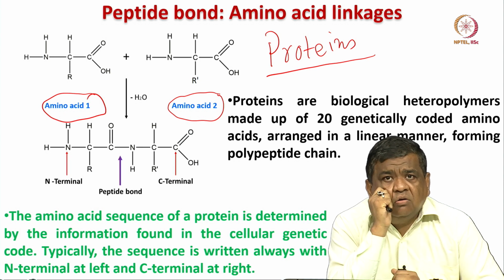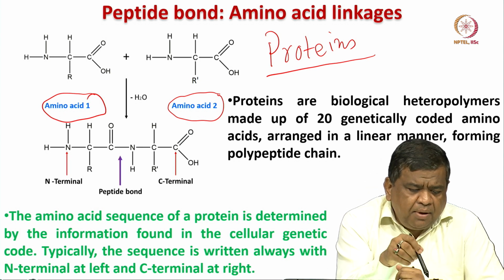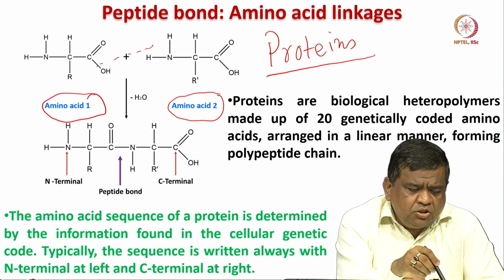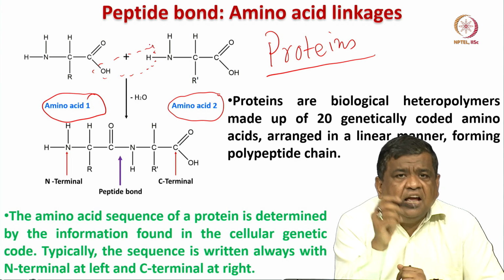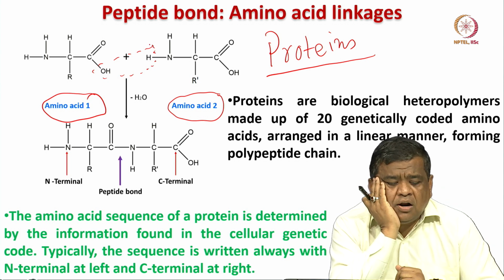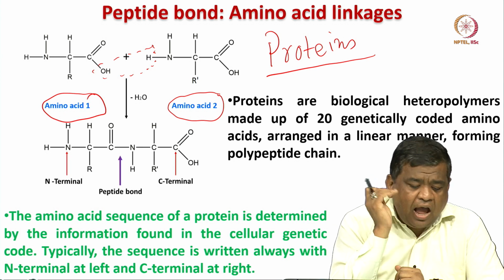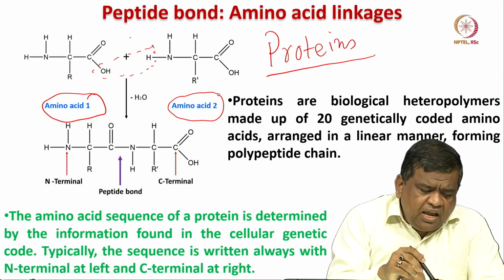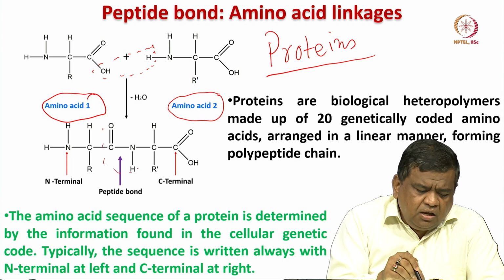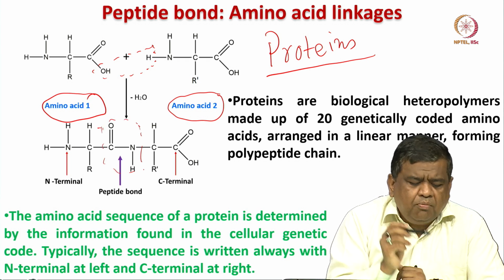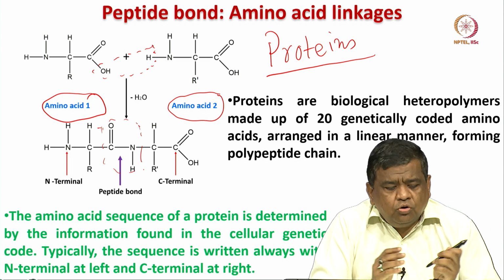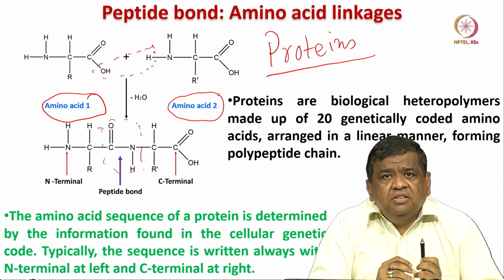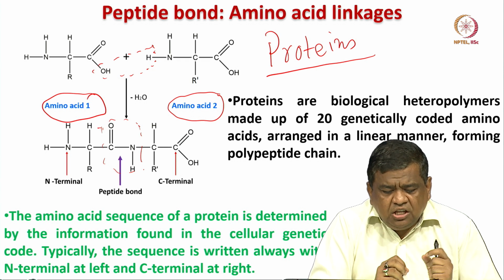When they react together, this dotted OH and H form a water molecule. So, they release the water molecule, and what you see here, that CO and this N, these particular things are called the peptide bond.